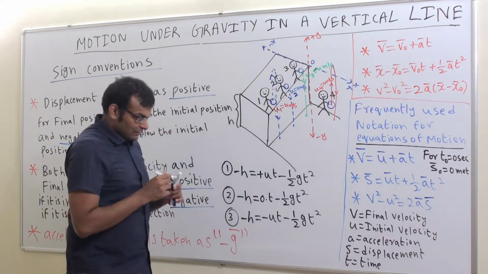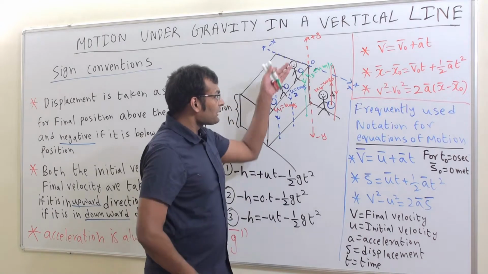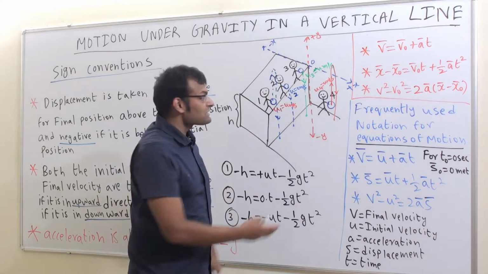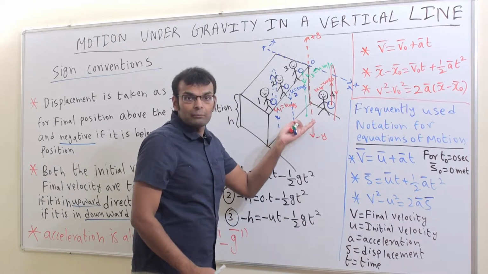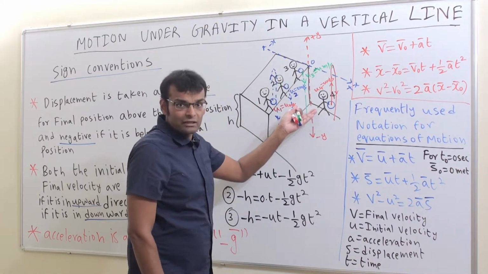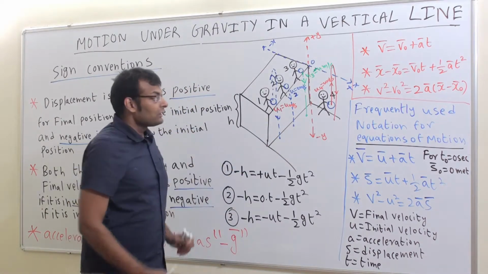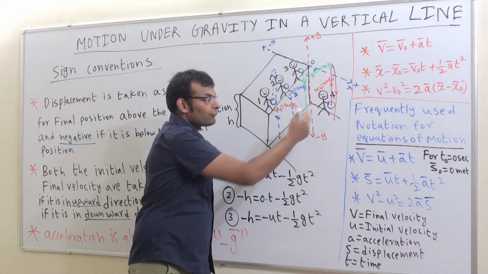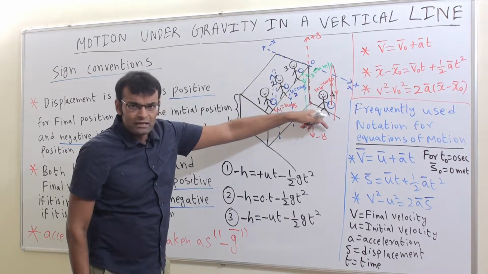Now let's see the fourth case. It's very important. Where is this person standing? As per our xy coordinate system, he is standing in the negative axis. He is standing at the bottom of the ball, which is considered to be the negative axis. Now let's see what is the displacement of the ball that is thrown upwards by the fourth person. You can see the ball goes up and comes back down.